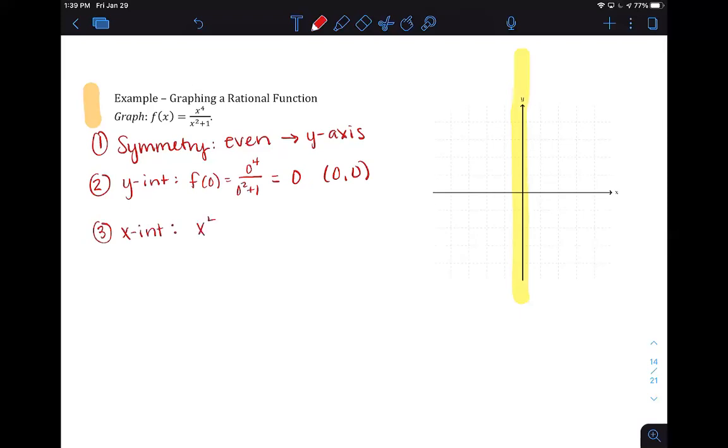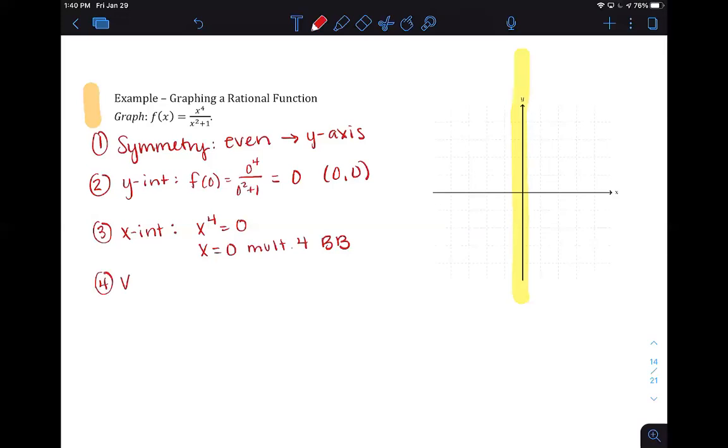So if x to the 4th equals 0, what does x equal? 0, with a multiplicity of 4. Which means it's going to do what at the x-axis? It's even, so it's going to bounce back. The only difference between it and the squared degree is it's going to be a little bit flatter of a bounce back.